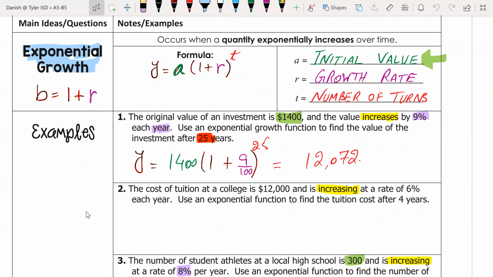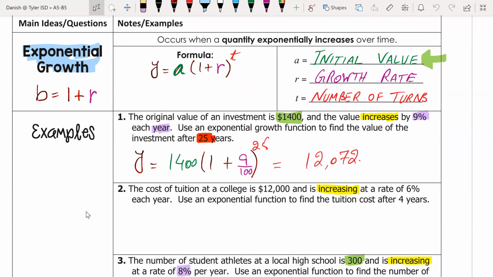Let's keep going. Use an exponential function to find the number of student athletes after 5 years. So what's this 5? T, exactly. This 5 is going to be T. So we figured out the 3 things that we needed to find to apply the exponential growth function. That's how you will do it.